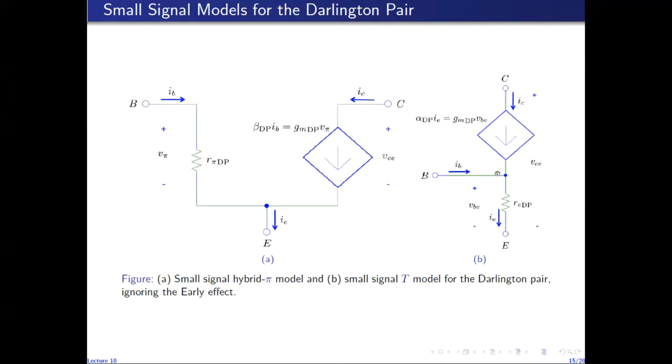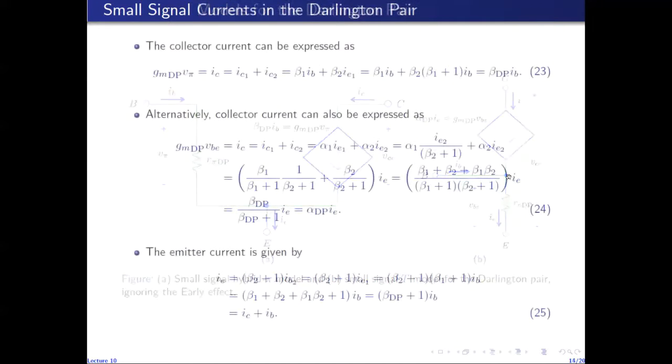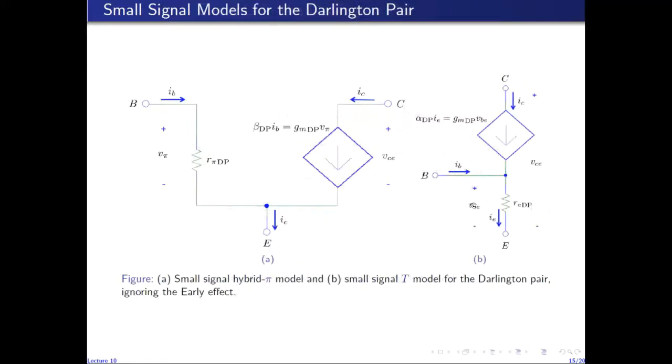So we can represent the forward bias base emitter junction through this small signal resistance, R e dP, and the sum of base current and collector current as before is equal to the emitter current. So the small signal parameters we just derived result in these two small signal models for the Darlington pair.